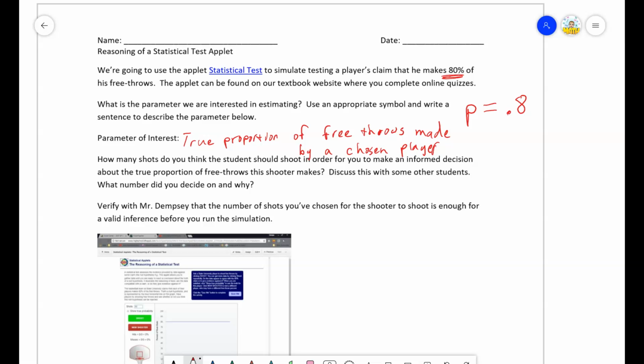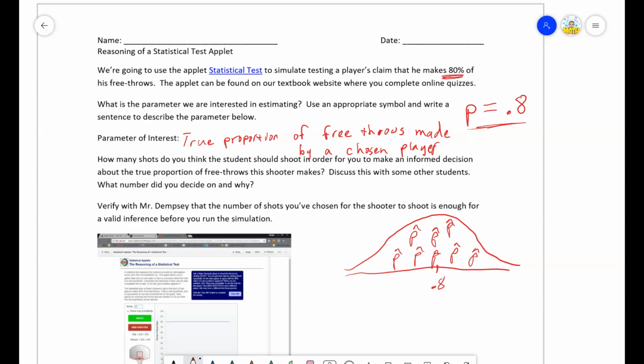So as we think about that, we're testing a proportion, right? We are going to base our decision on whether that proportion is true based on a sampling distribution that we believe is normal, okay? So if this player is going to shoot a certain number of shots, we believe the true proportion of shots he makes is 80%. We know that means sometimes he might shoot a little over 80%.